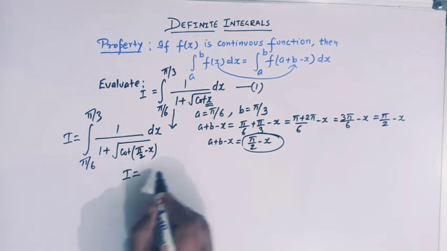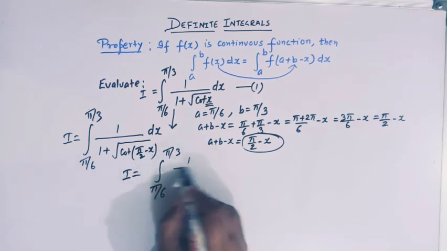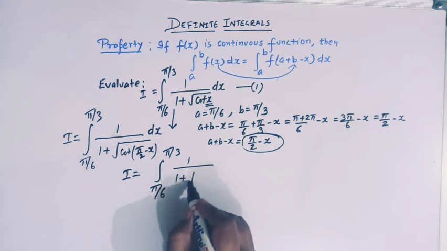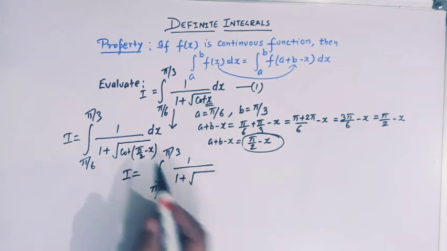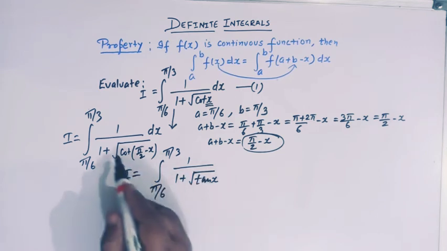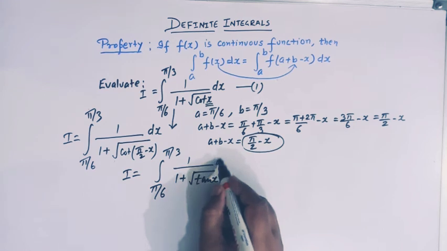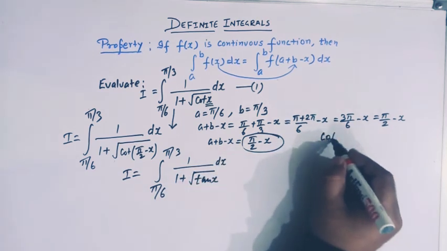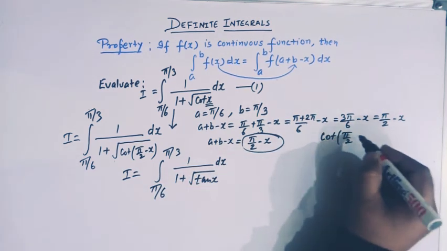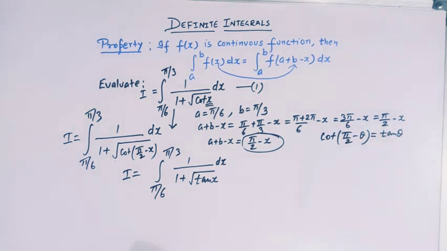So this becomes the integral from pi by 6 to pi by 3 of 1 over 1 plus square root of cot of pi by 2 minus x, which is square root of tan x, right? Square root of cot of pi by 2 minus x is square root of tan x, because cot of pi by 2 minus theta is equal to tan theta, right?